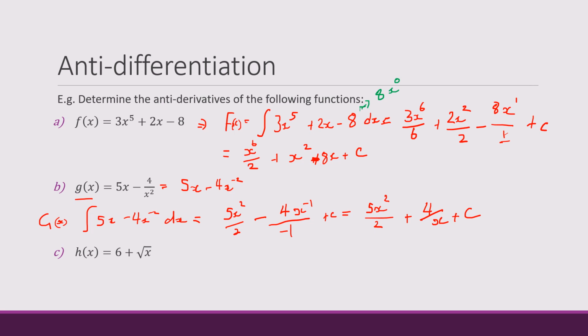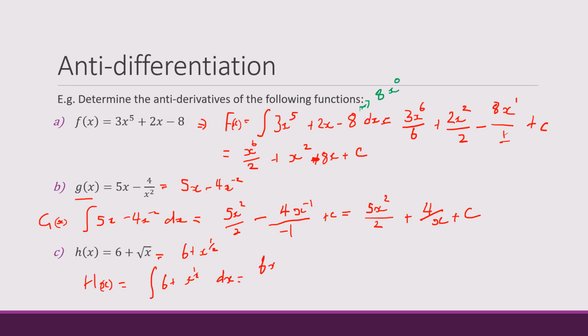All right, last one. h of x equals 6 plus square root x. Again, with that square root sign, we can rewrite that as x to the half. And so our antiderivative, capital H of x, is going to be the integral of 6 plus x to the half dx.